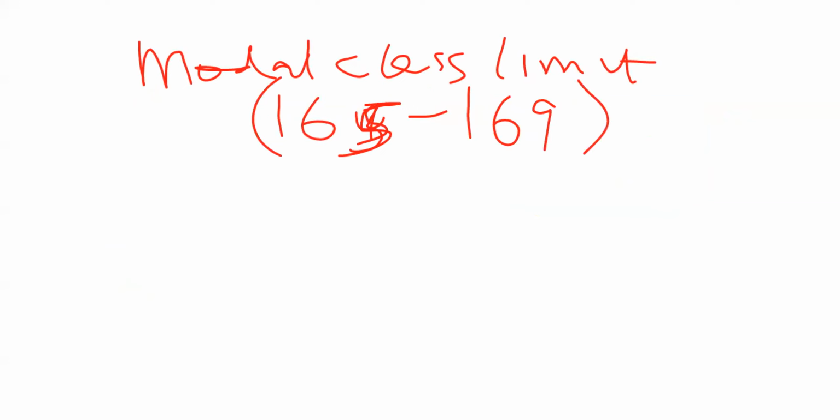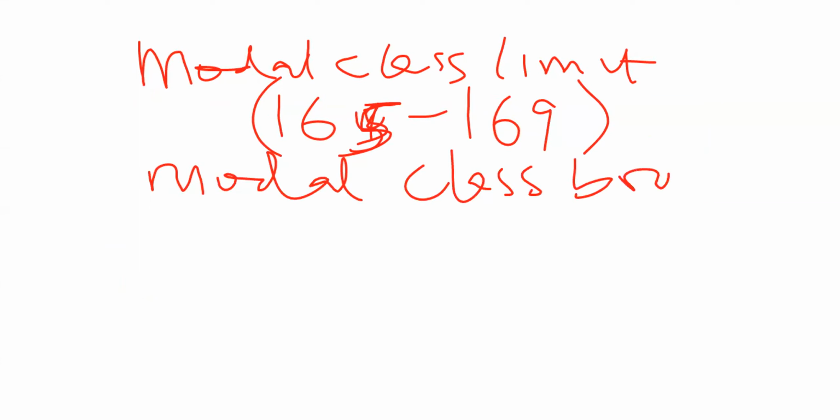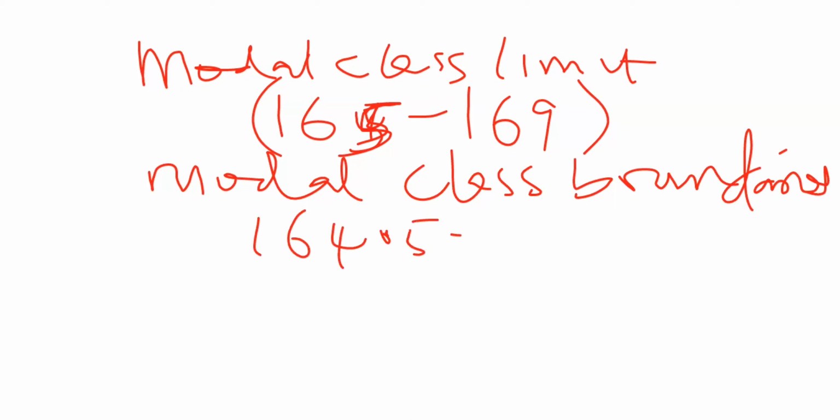This is the modal class limit, and the modal class boundaries is 164.5 to 169.5. So our L1 is still 164.5. Our change will be 10 minus 6, 10 minus 6, 10 minus 8, and then class interval.